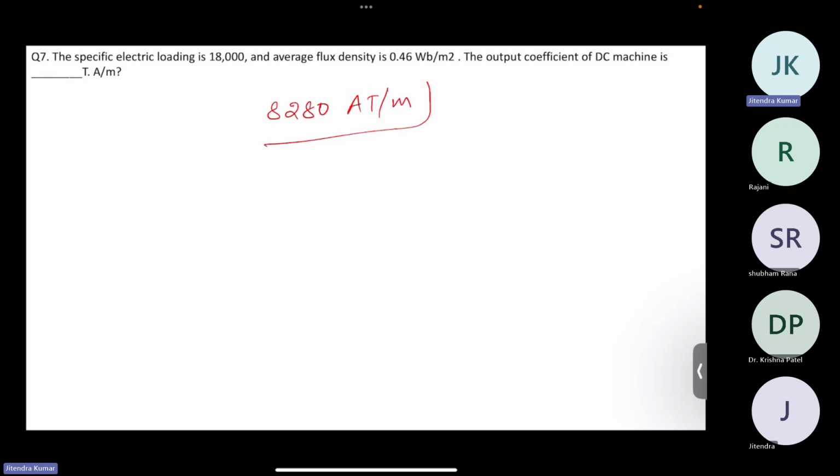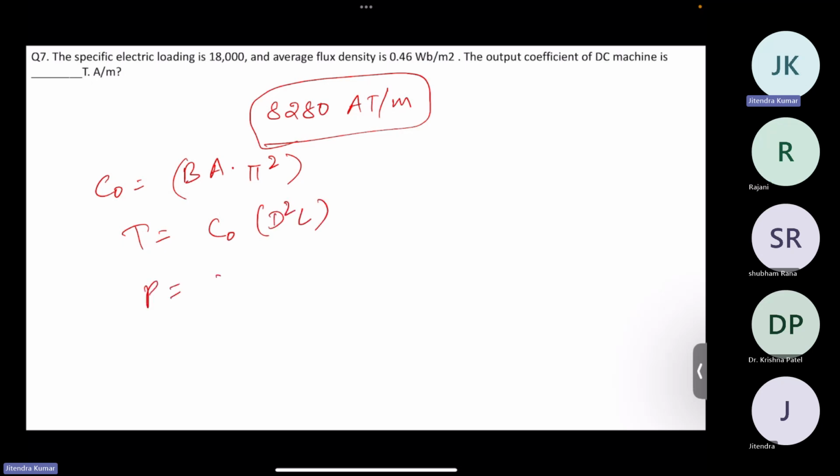Output coefficient is nothing but electric loading into magnetic loading into pi square. If you multiply by D square L, that will be torque. Torque will be C naught into D square L. Power will be RPS into C naught into D square L.